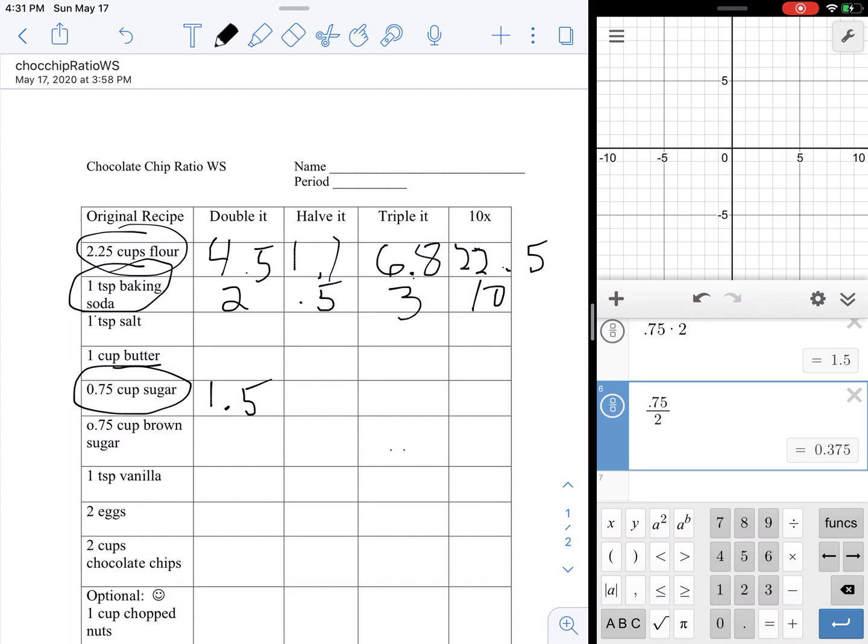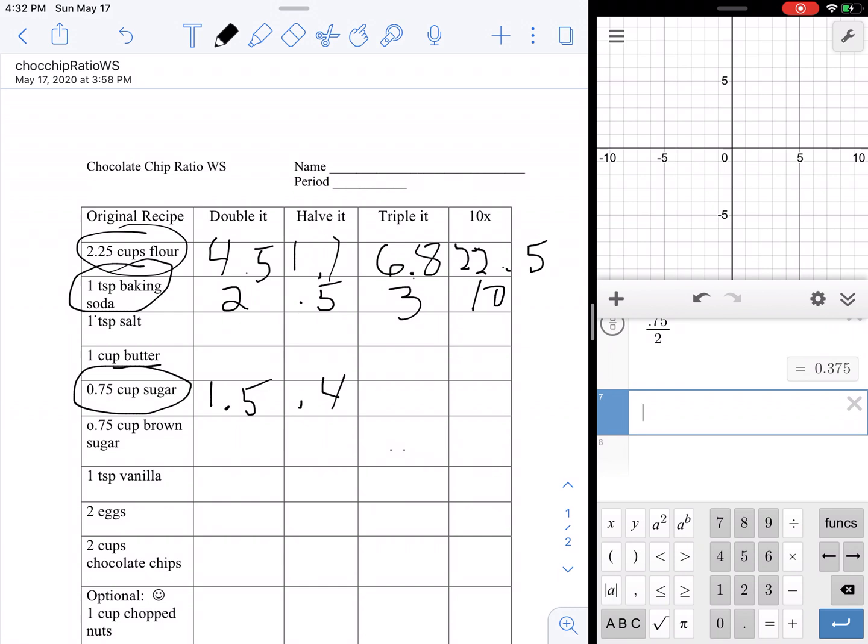Let's just round it off to 0.4 cups. Okay, if we're going to triple the recipe, we would go 0.75, and we're going to multiply it by 3. Gives us 2.25. Let's round it off to 2.3.